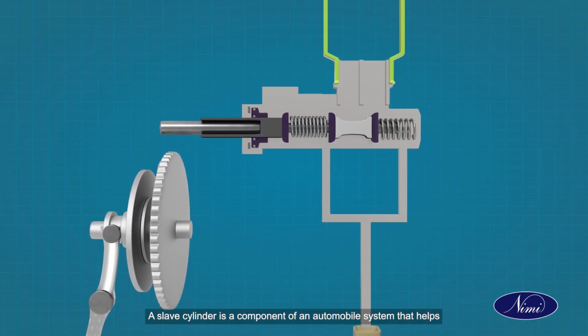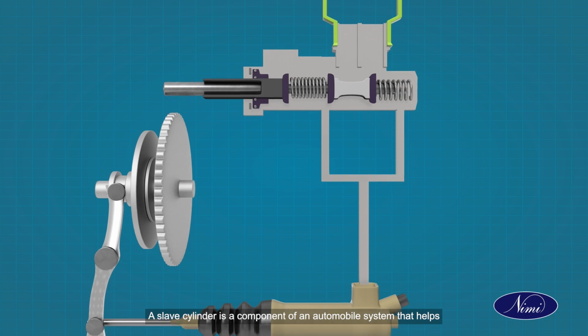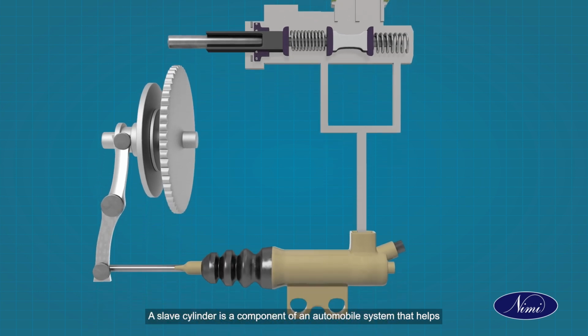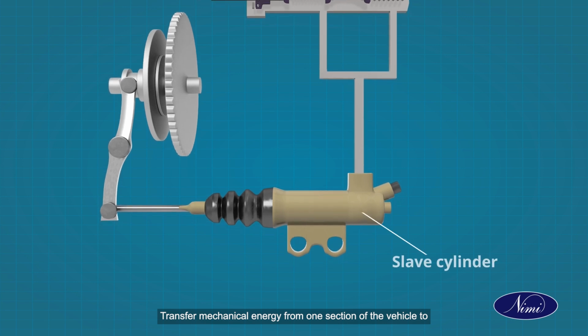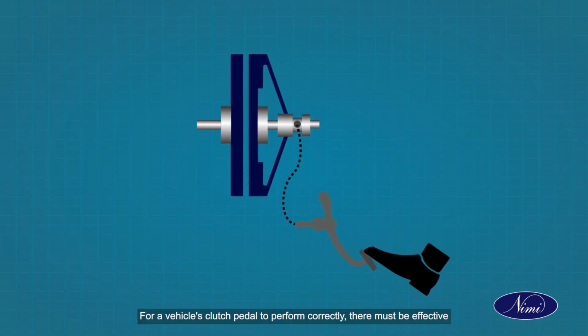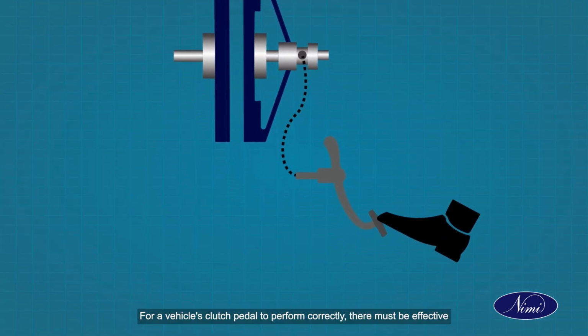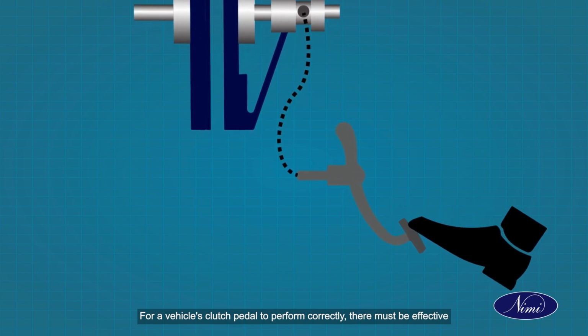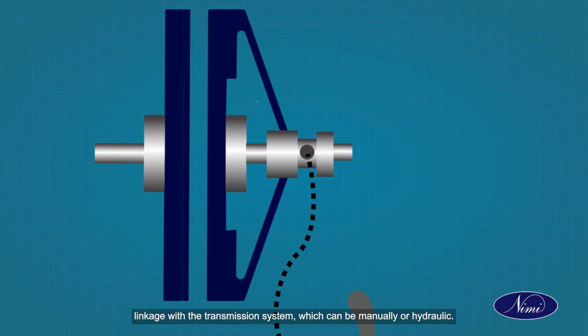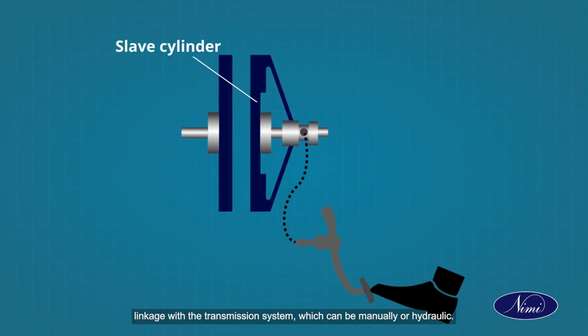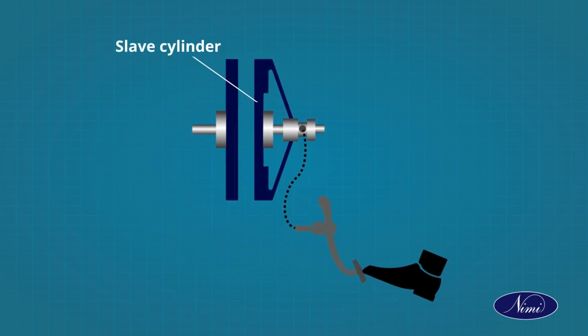A slave cylinder is a component of an automobile system that helps transfer mechanical energy from one section of the vehicle to another by using hydraulics. For a vehicle's clutch pedal to perform correctly, there must be effective linkage with the transmission system, which can be manual or hydraulic.